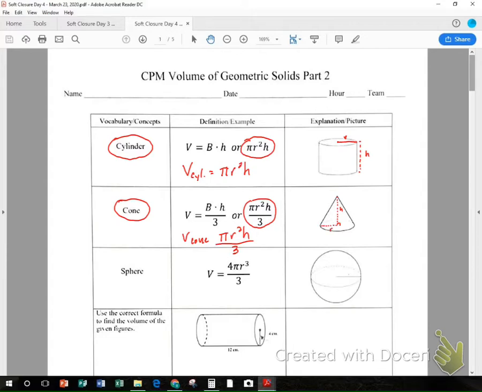Those are the two things only that you need to do these problems. Just plug the numbers. All you need is radius and height. When you have radius and height, plug them into the formulas, punch it into your calculator, and giddy up. Now, a couple of examples.